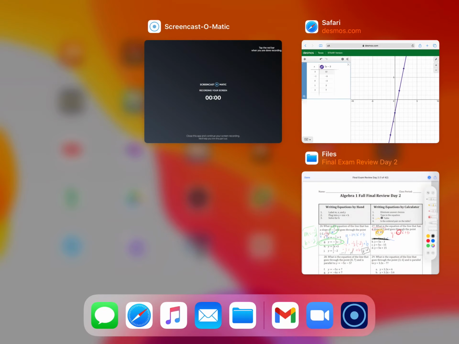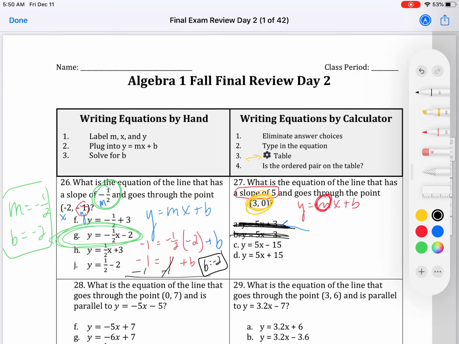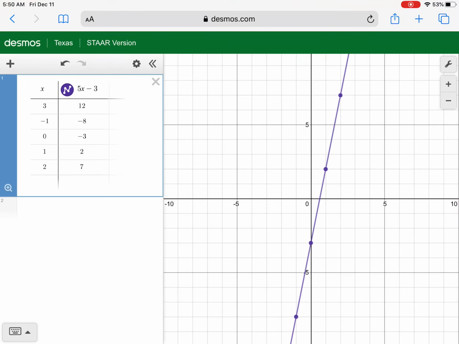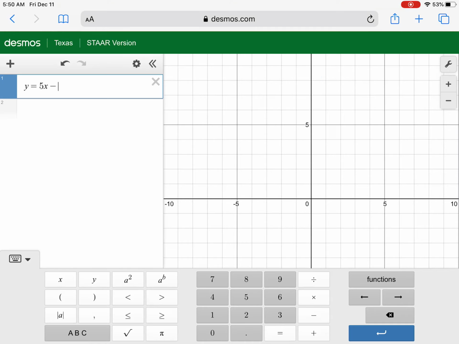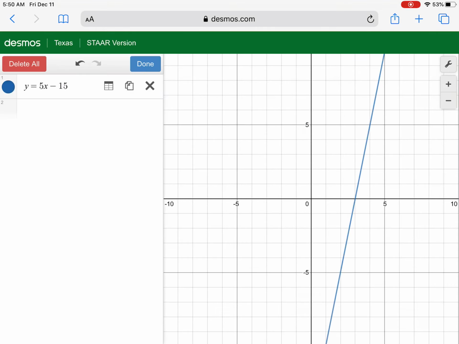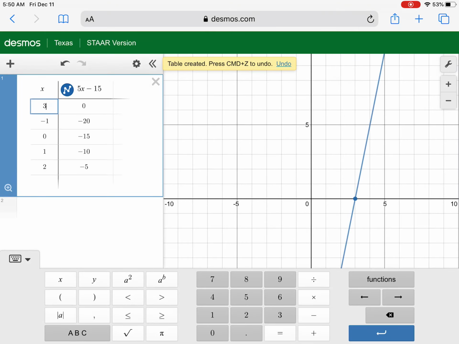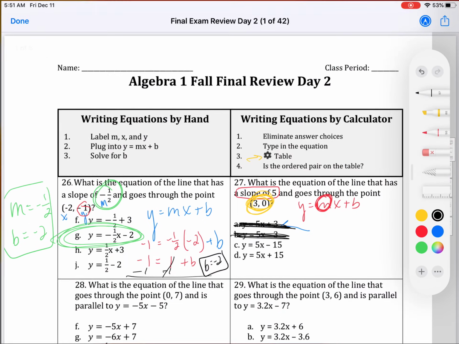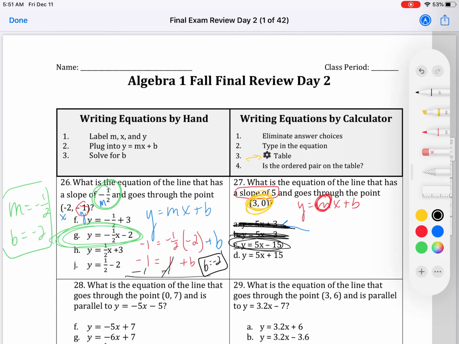No. So it's not this one either. Let's try C. Y equals 5x minus 15. Circle, table. When x is 3, is the y 0? It sure is. So my answer has to be C.